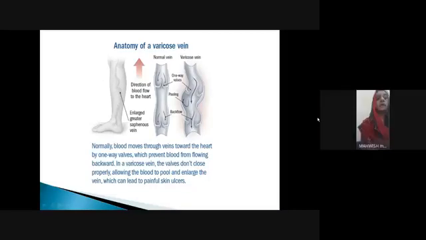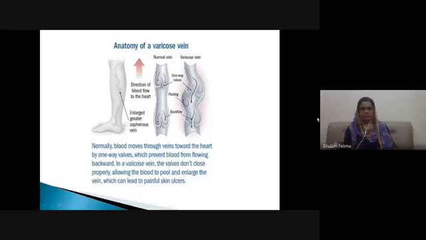Next, a brief anatomy of the venous system. All veins in the body are either part of the superficial venous system or the deep venous system. The superficial venous system has two types of veins in the lower extremity, small saphenous veins and great saphenous veins. Small saphenous veins run from ankle to knee and great saphenous veins run from ankle to groin.